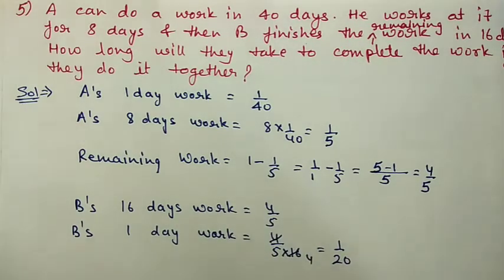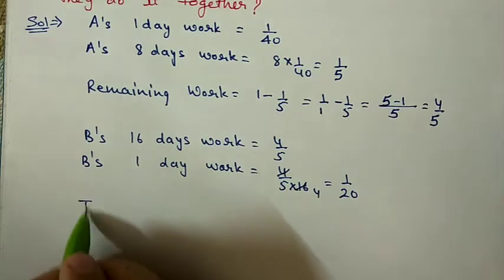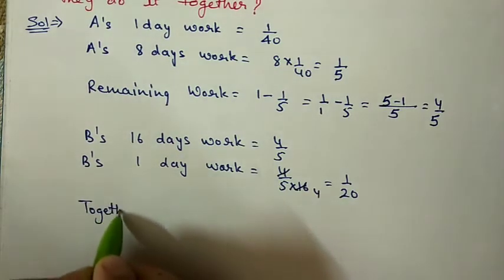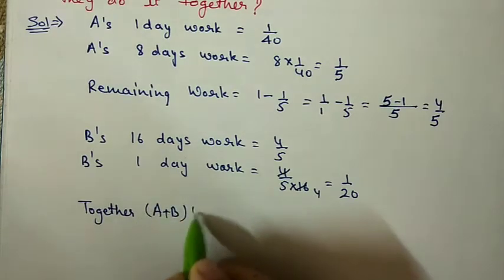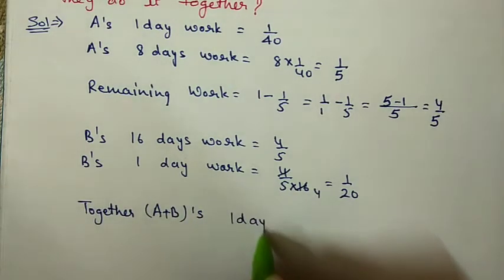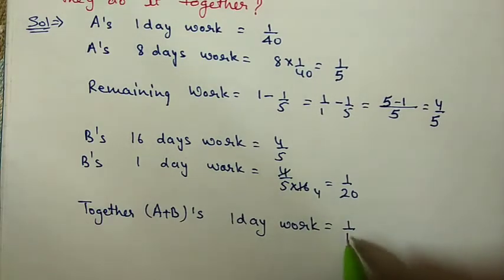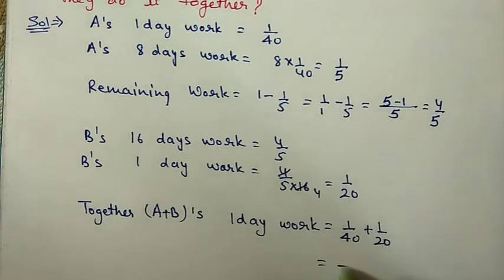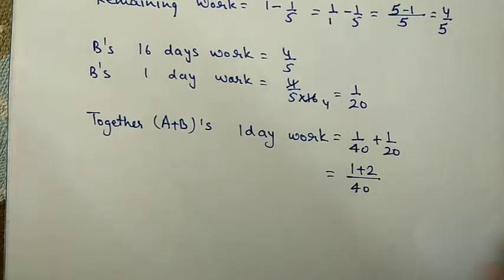So we got here B's 1 day work, and A's 1 day work. So together their 1 day work will be 1 by 40 plus 1 by 20. Then take LCM. LCM will be 40. 1 plus 2 we will get here 3 by 40.